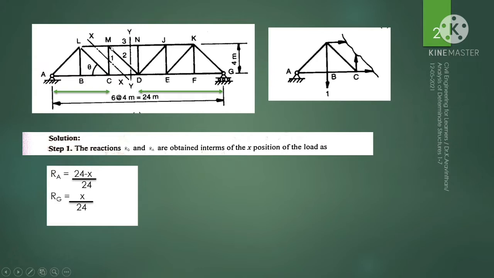If you want to identify the internal force in member 3, and the influence line of member 3, you have to split the structure into two halves, and place the load in the first half in order to find the reaction at the other end. So this is the way we will proceed.